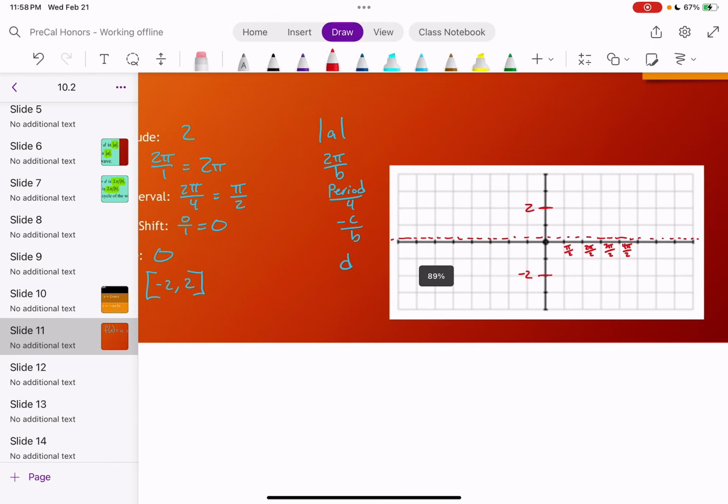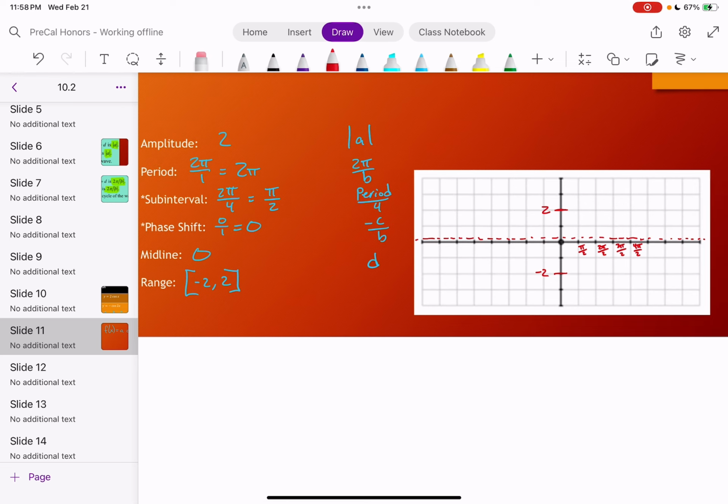Now our phase shift is going to tell us exactly where we're going to start. So in this case, since we are starting at the 0 mark from our phase shift, we have to keep 2 things in mind. First, is the equation positive or negative? In this case, it is negative, so it will be a reflection of our cosine function.